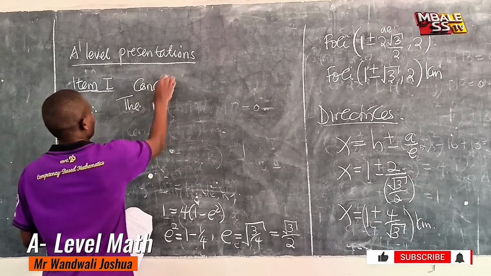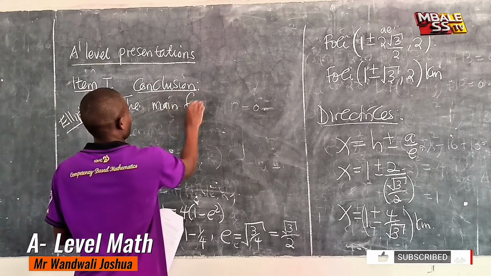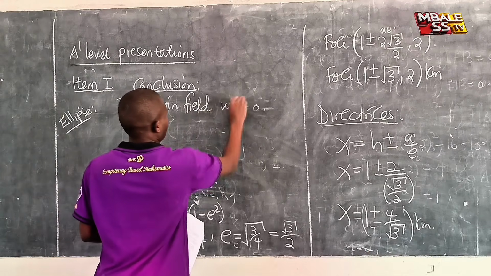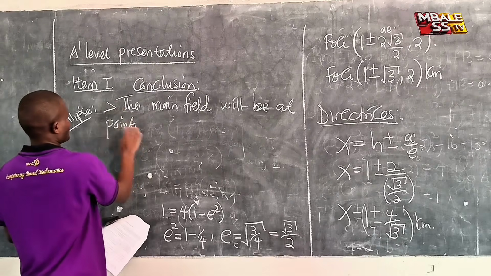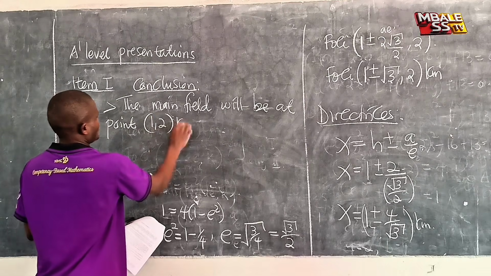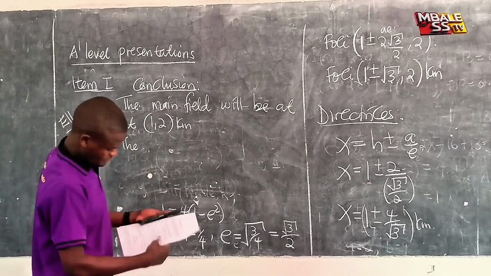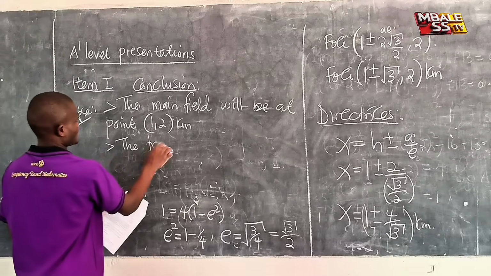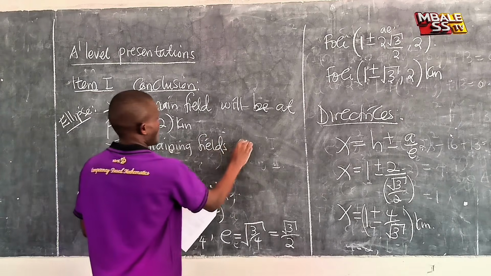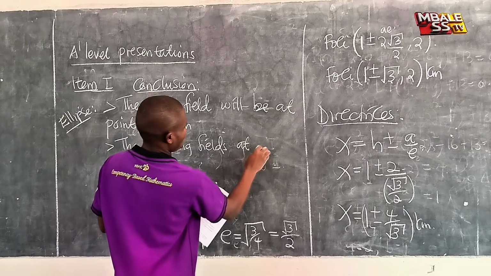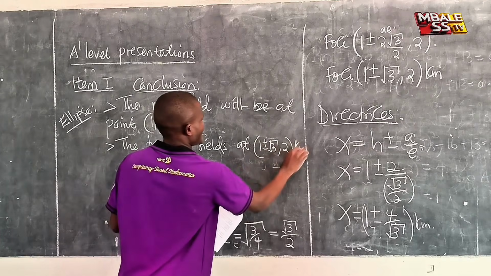So we are now coming to the conclusion of our task A. Conclusion: the main field will be at point (1, 2) kilometers. The training fields at (1 plus or minus root 3, 2) kilometers.